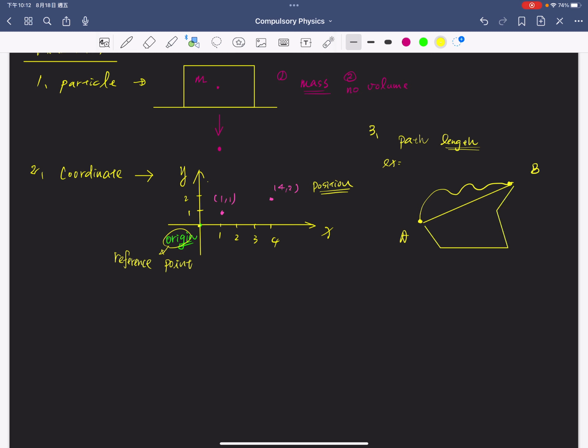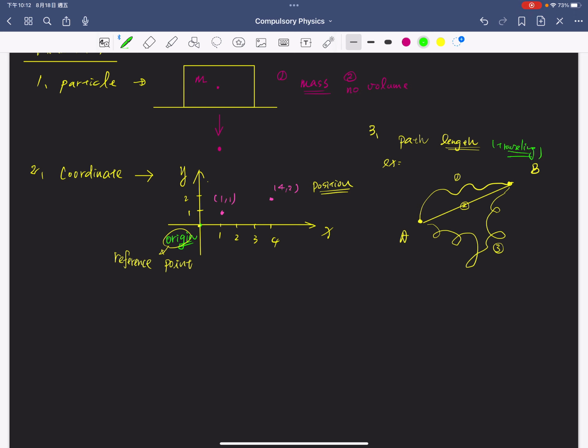These stand for the different paths from A to B, so you have to know these. Path length is a very important thing, and you can think of path length as the route that you traveled.